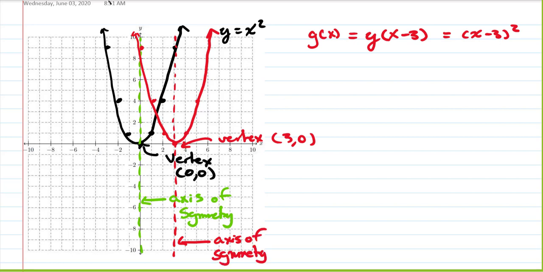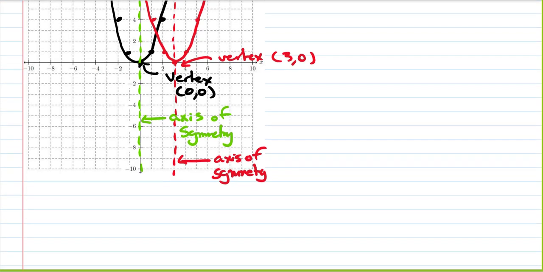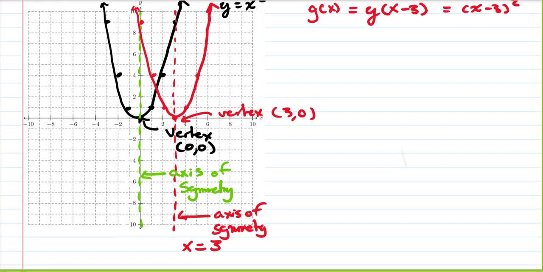And if we think way back to chapter 1, it's been a long time, the equation for a vertical line, remember x doesn't change on a vertical line, so it's going to be x equals whatever our x value was, which is 3. So that's going to be our axis of symmetry in this case.